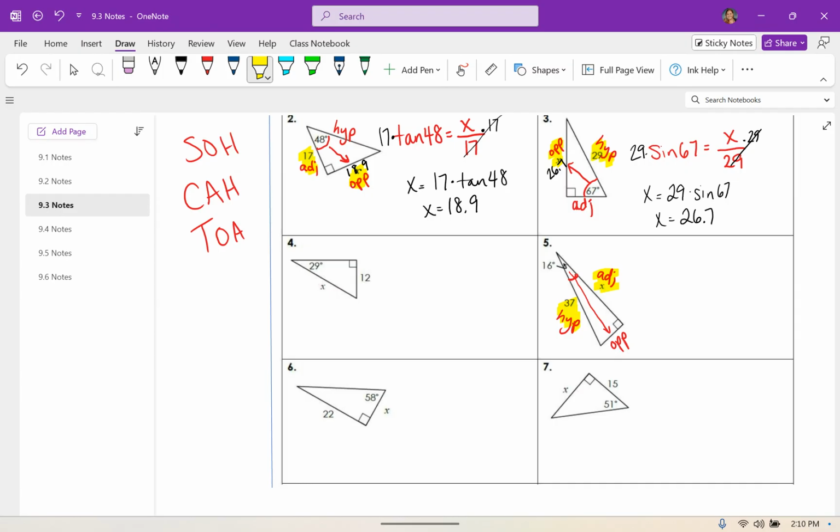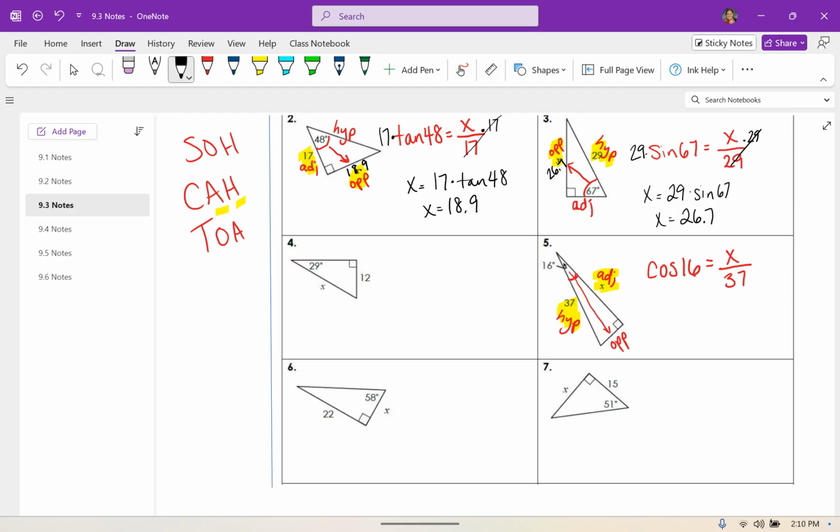I'm looking for a trig function that has A and H. A and H is cosine. So I have cosine of the angle equals adjacent over hypotenuse.